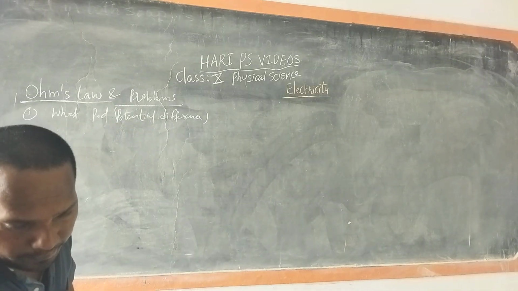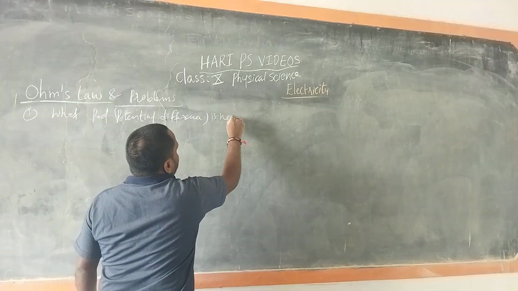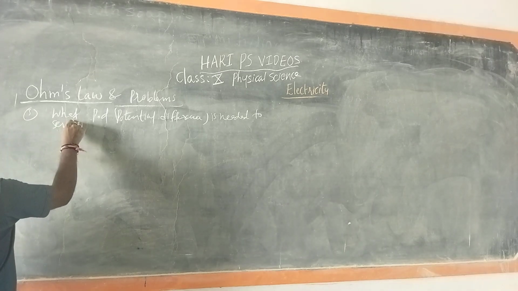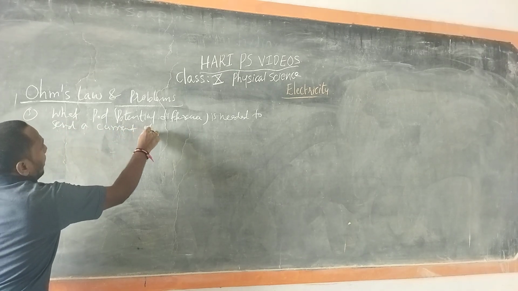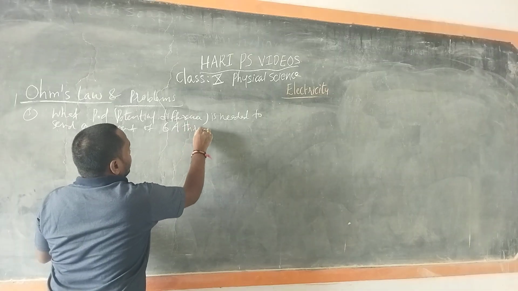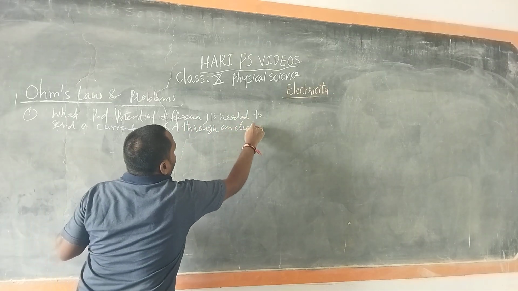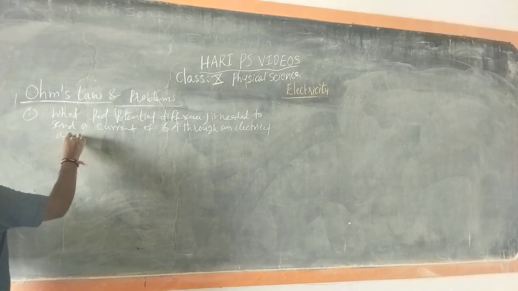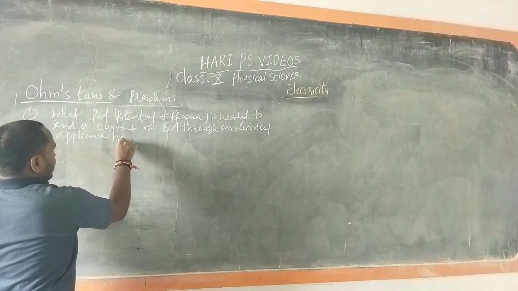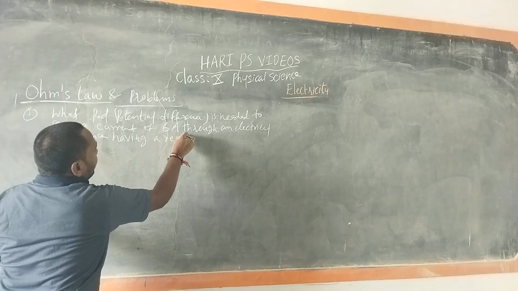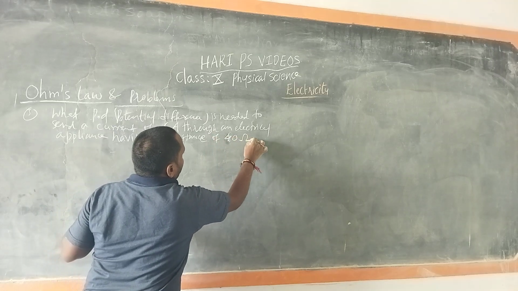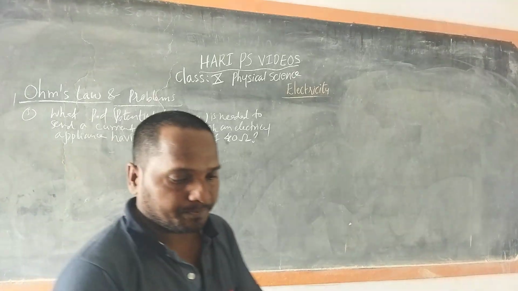What potential difference is needed to send a current of 6 ampere through an electrical appliance having a resistance of 40 ohms?